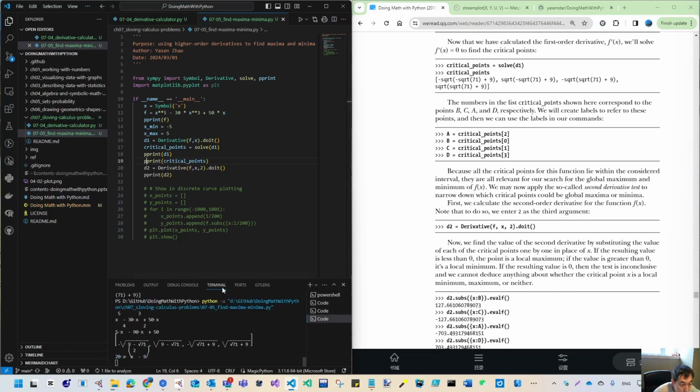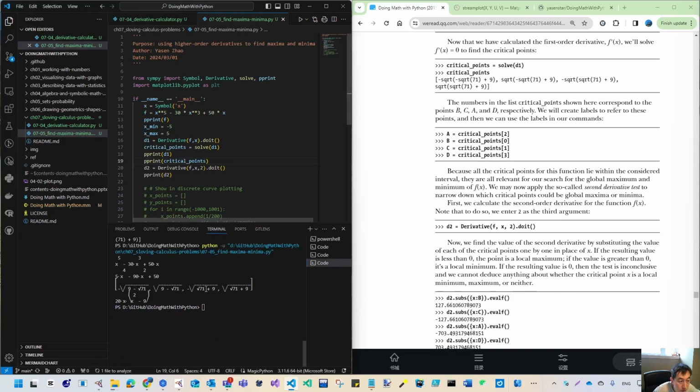So let's see our result. That makes it nicer. So this is the first order, this is the second order, and this is the solve. Thus, you can see here the number 2 and number 3 are positive, and these 2 are negative.